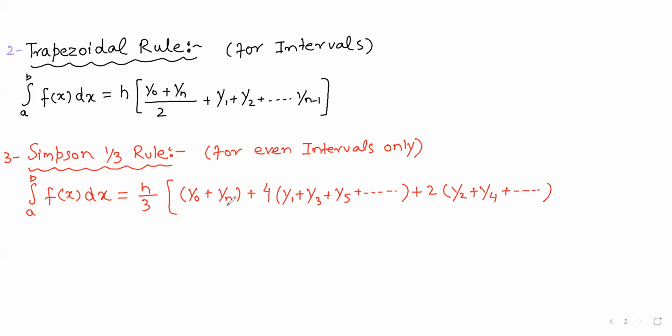In here we will not include y0 and yn in the middle terms, right? So this will be the formula.